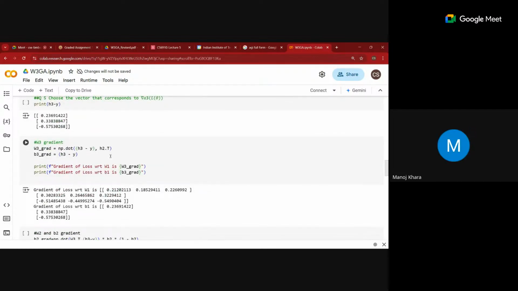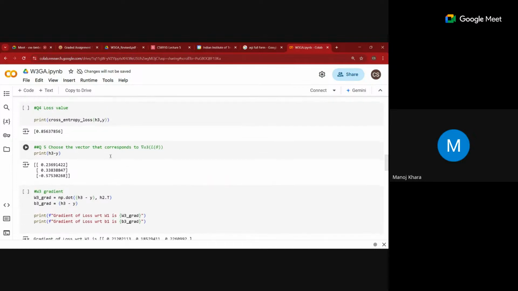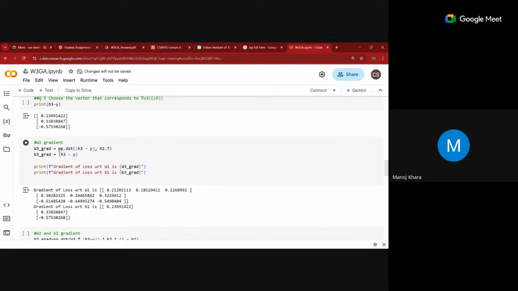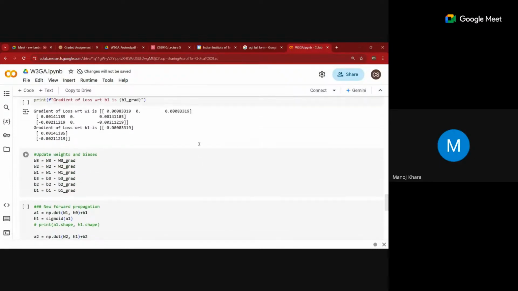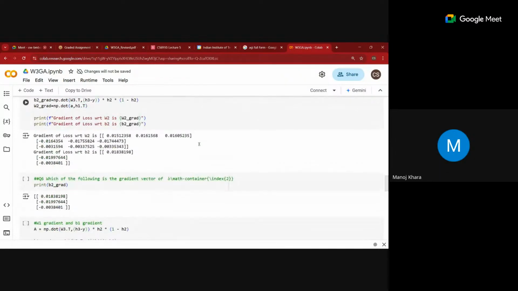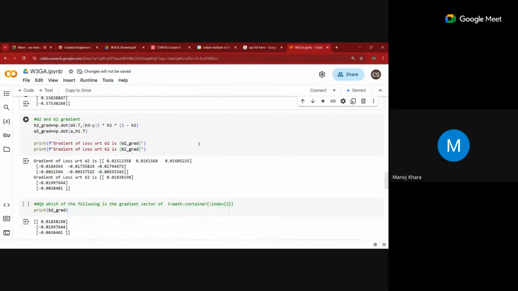Now we want to do gradient descent, right? So for the W3 gradient, we are doing the dot product of this H2 hat, and that's what we did. Till question 6 there's no problem, only question 7 is the problem.